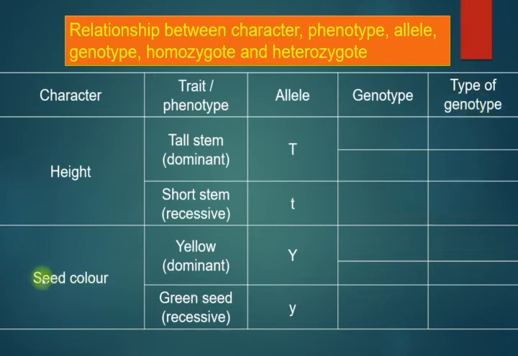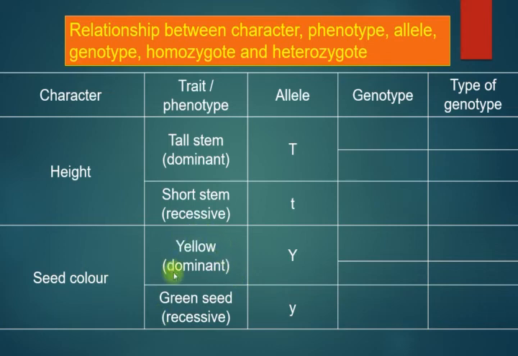Okay, and then we go to the seed color. The seed color character has two contrasting traits, yellow and green seed. The yellow seed is dominant, while the green seed is recessive.